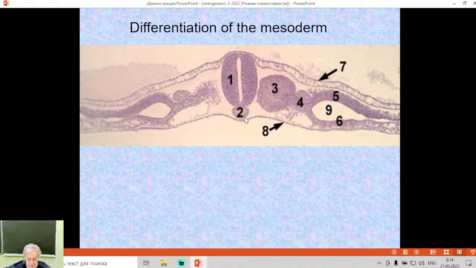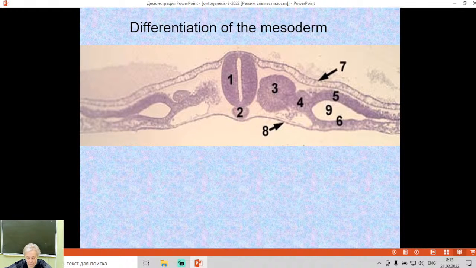And you can see that the dorsal part of the mesoderm is divided into somites, number 3. Each somite has the following parts: sclerotome, intermediate part, myotome, and dermatome. Sclerotome will give rise to the bones of the skeleton.